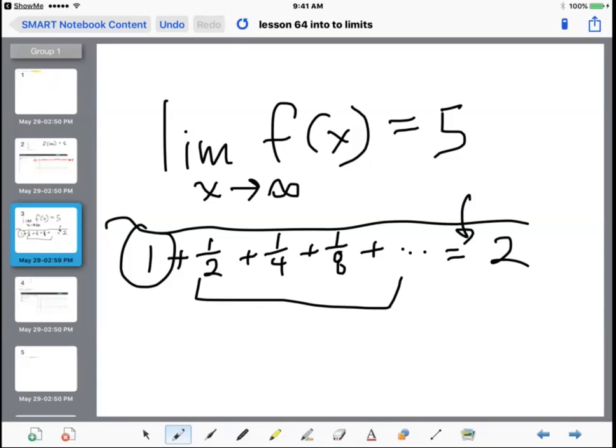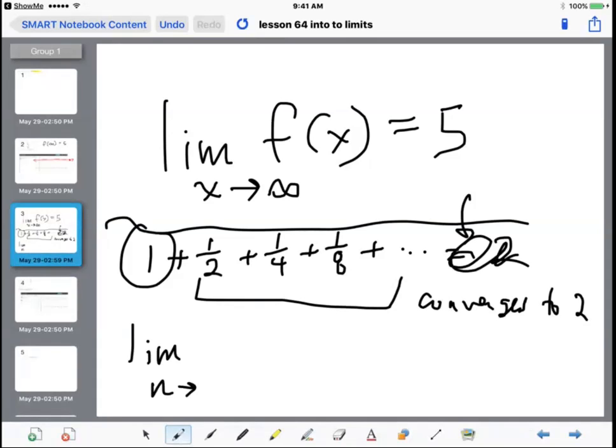A better thing to put than an equal sign would be to put the words converges to 2. But the best of all, if you want to use the most rigorous mathematical language, would be limit as n goes to infinity of the sum of 2 to the k as k goes from 0 to n.